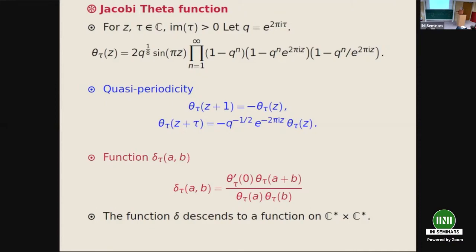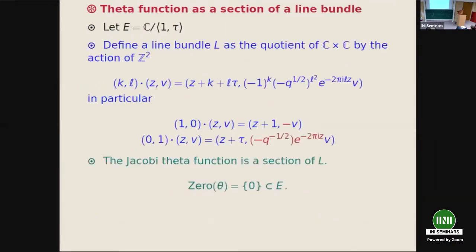So anyway, we prefer to write formulas not using the theta function, but using the delta function. And this delta function was considered by Don Zagier a long time ago. Also it appears in Libgober's paper. Anyway, this delta is important.